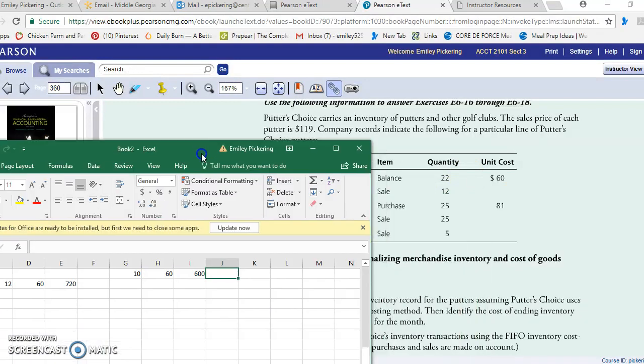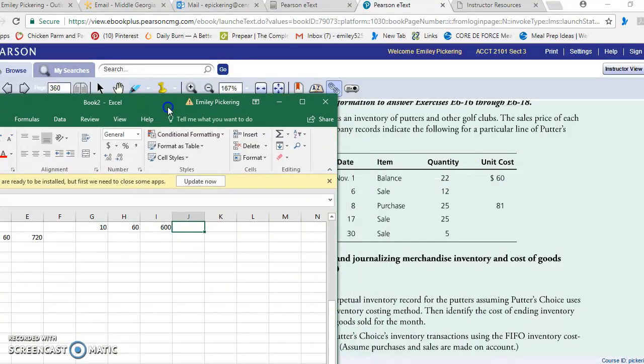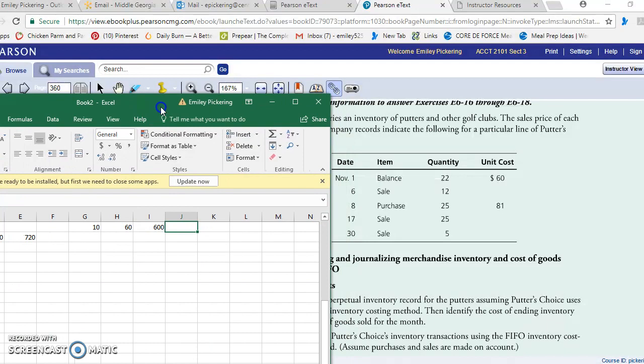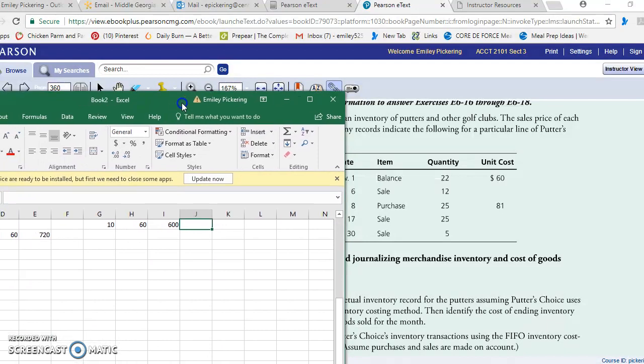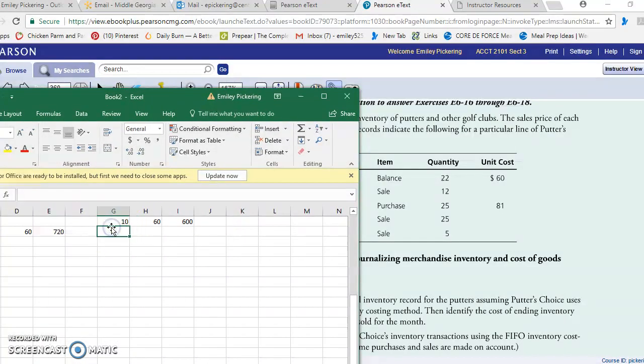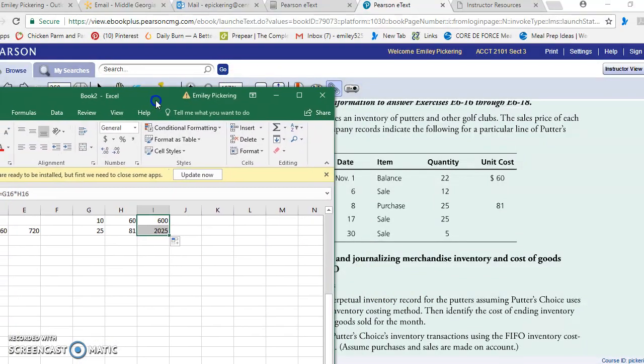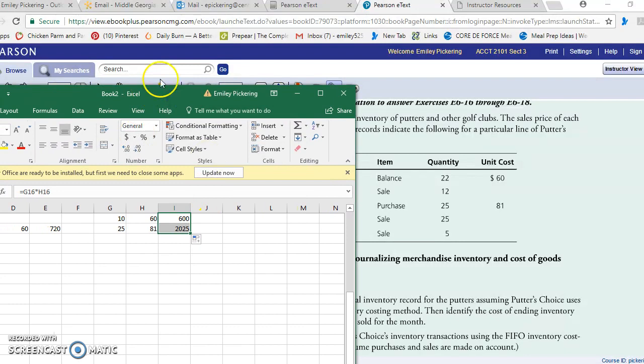So let me see if I can move this over here. For the second one, we purchased an additional 25 at $81. So we have an additional $2,025 in inventory.